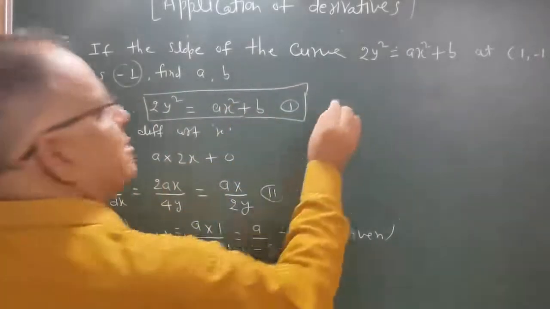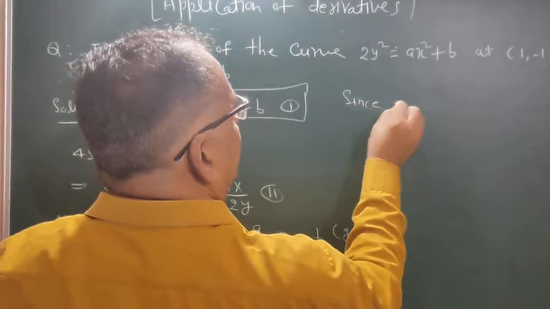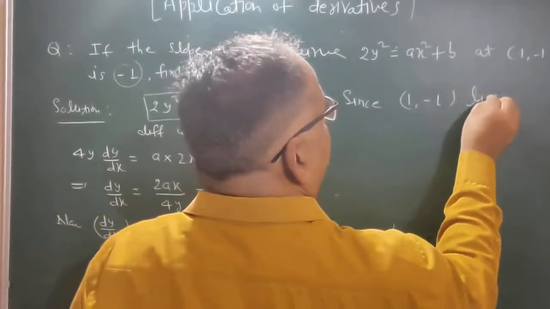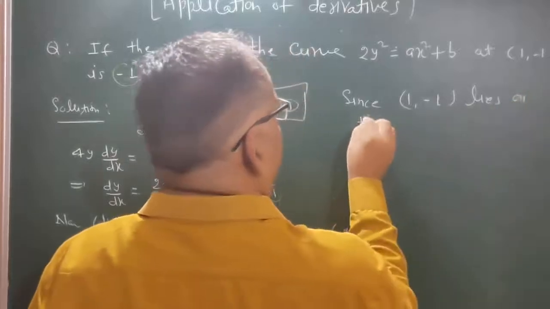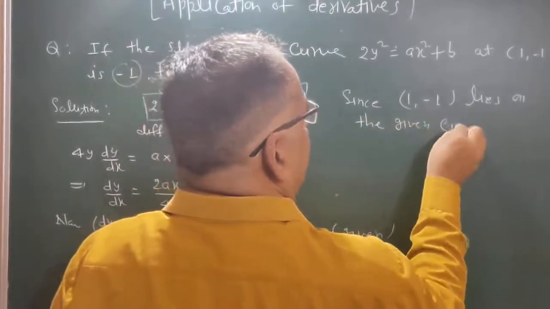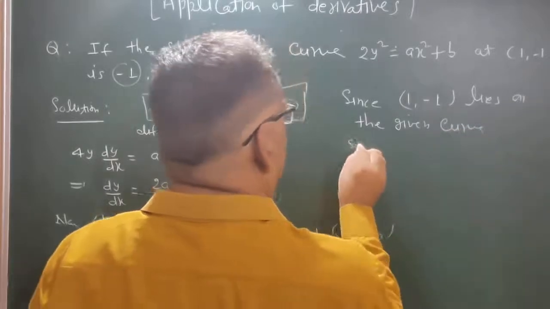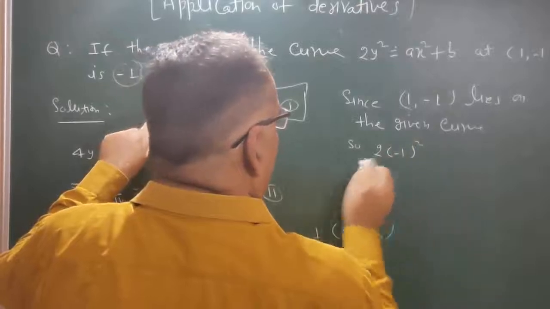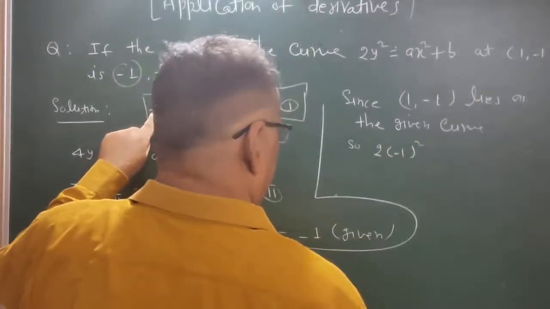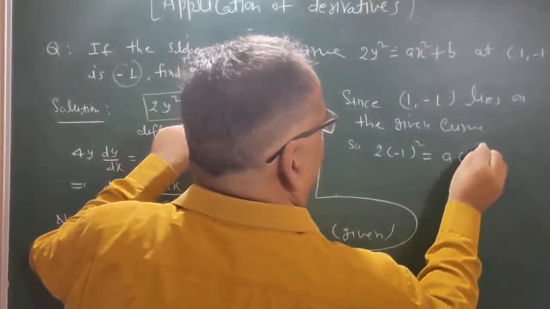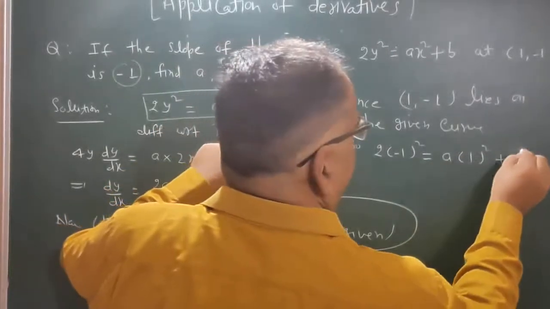Since the point (1, -1) lies on the given curve, 2 into (-1)² equals a into 1² plus b.